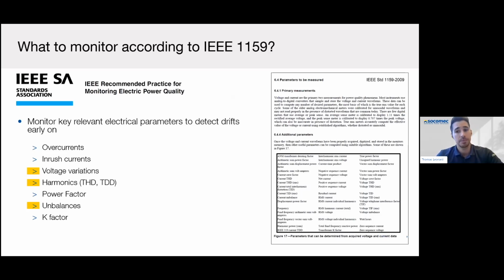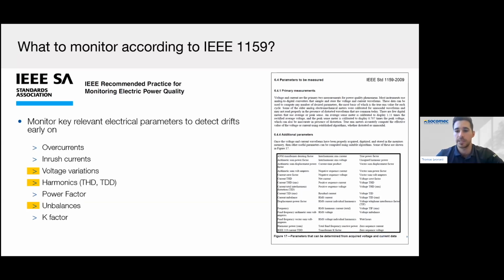It talks about the types of measurement devices that can be used and considered in detecting and monitoring those types of events. It talks about the types of electrical parameters that are worth monitoring. We can see some of those on the screen. And it talks about the benefits of implementing power quality meters and monitoring devices. That's what we're going to focus on in this presentation. We're going to focus on a few of those disturbances, a few of these events, such as voltage variations, harmonics, unbalance.